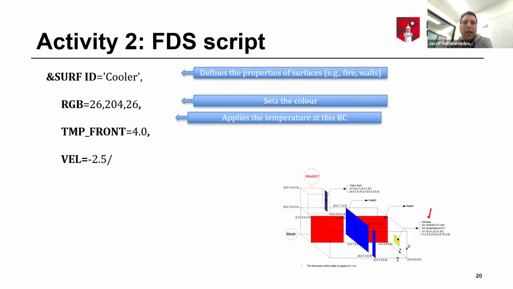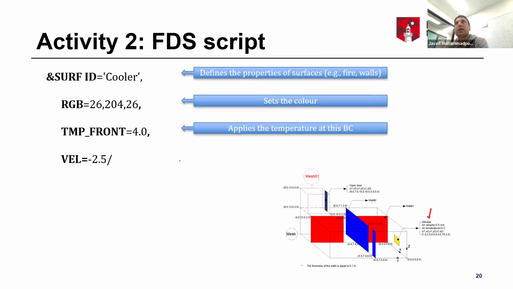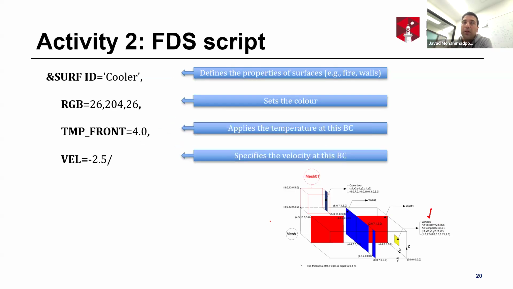What is the temp front? It shows the temperature for the incoming flow. We consider that as 4 degrees centigrade based on the given values. What is the next? What is the velocity? The air velocity is considered 2.5, but be mindful of this minus.